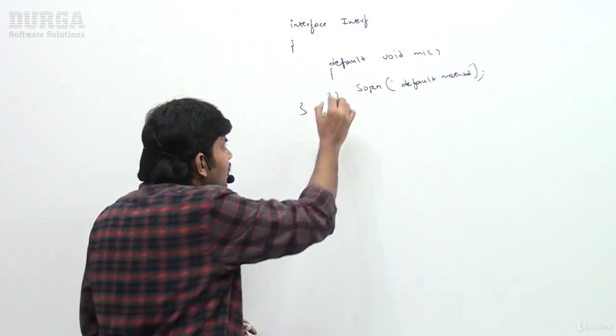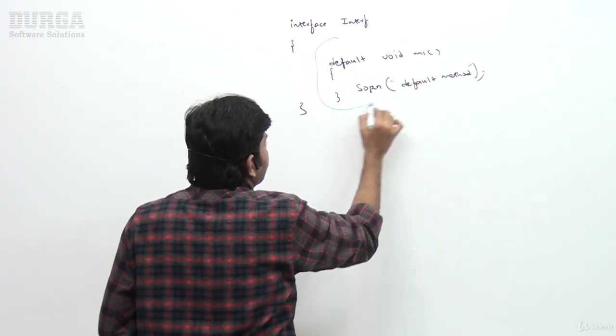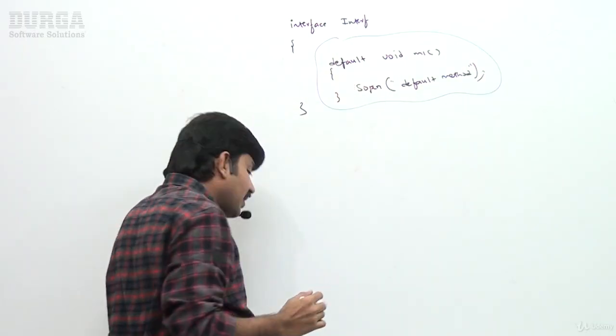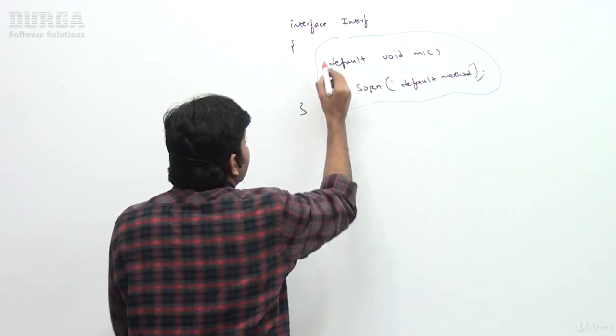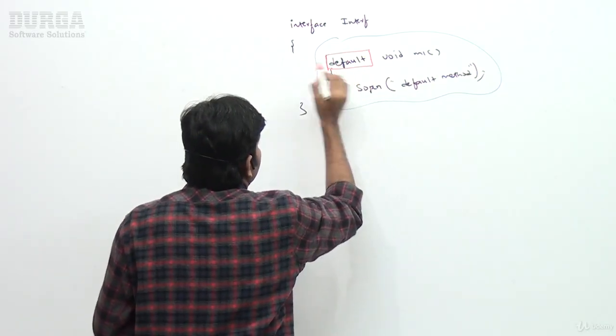So this is nothing but a default method. How do we declare a default method? Just with the default keyword.